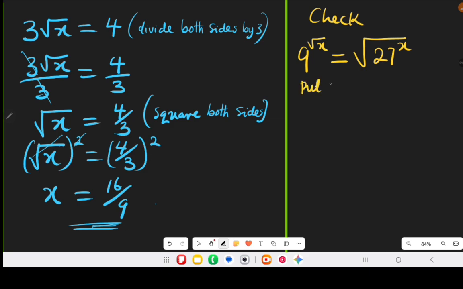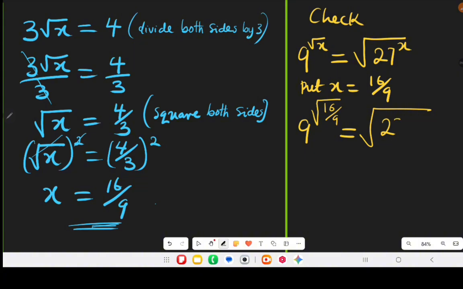Put x equal to 16 all over 9. Now we have 9 raised to the power of square root of 16 all over 9 equal to square root of 27 raised to the power of 16 all over 9.